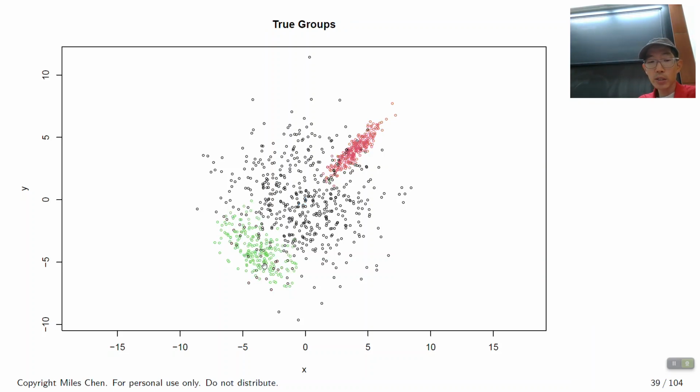But in reality, the points down here are a mixture of points coming from the center cluster and points coming from this lower cluster. And here we have a mixture of points coming from this cluster and points coming from the center cluster. But the EM algorithm just says, all right, what's the probable thing? Most probable is that all of these points up here come from this cluster and all of these points come from this cluster down here.